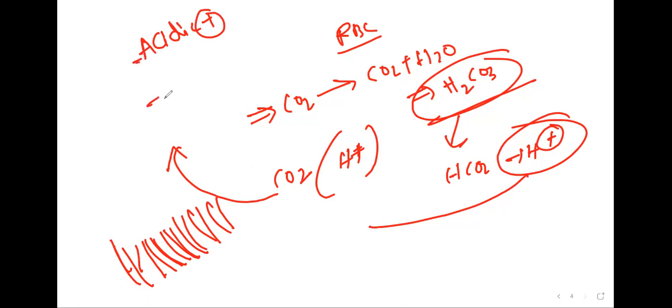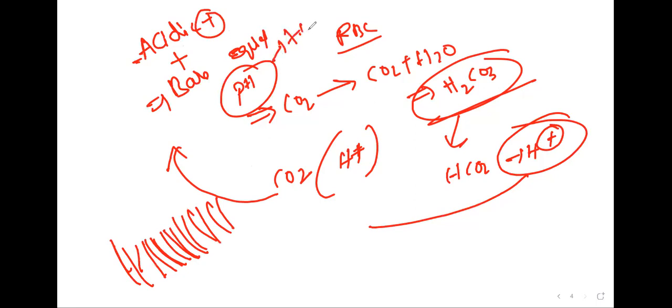If hydrogen ions are less, it is basic, so we need equilibrium. The pH is always between 7.35 and 7.45.